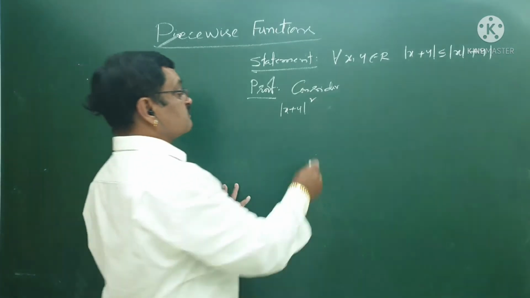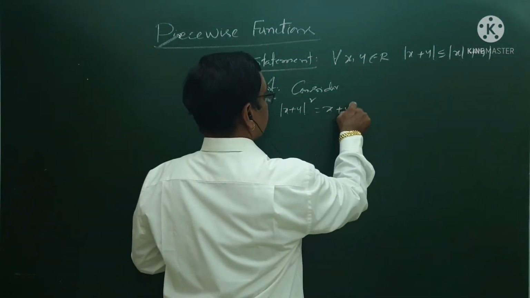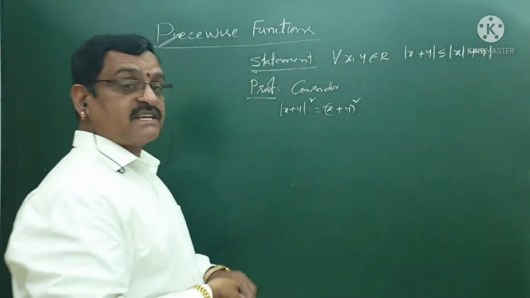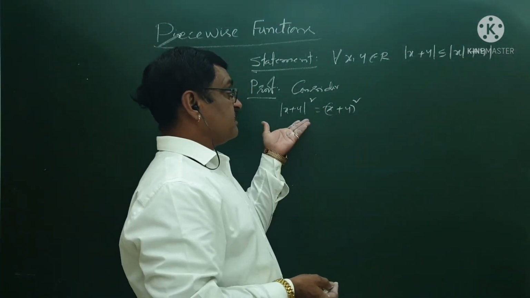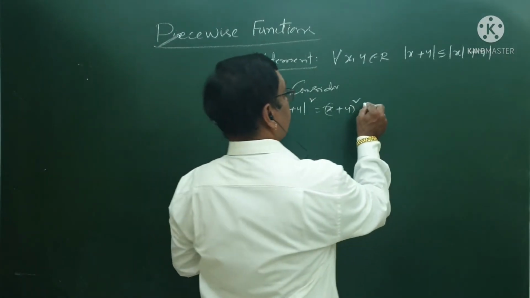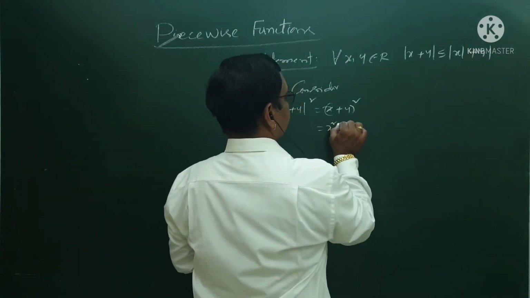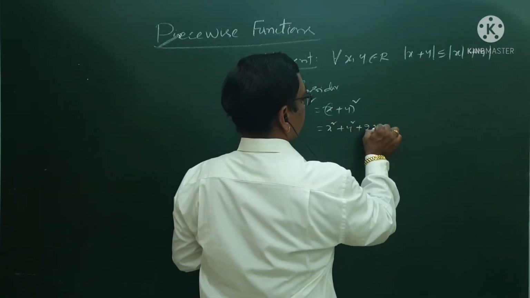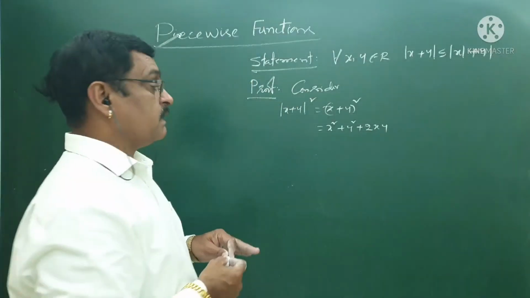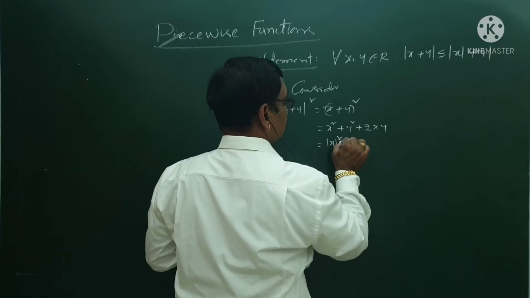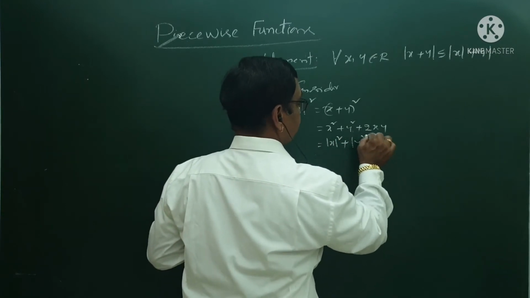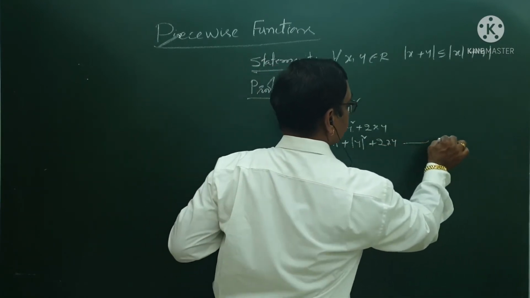Mod of (x plus y) whole square can be written as (x plus y) whole square, because (x plus y) whole square is also positive. Now I use the normal identity. This is x square plus y square plus 2 times xy. Now x square can be written as mod x whole square, and this is mod y whole square, plus 2 times xy. Let this be number 1.